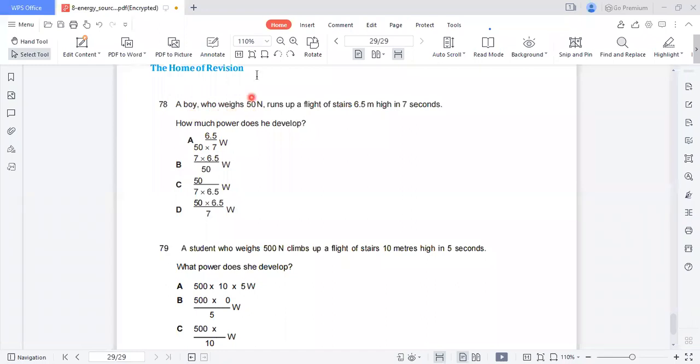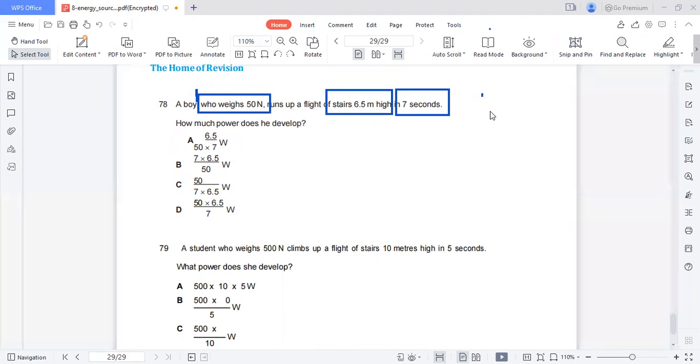A boy who weighs 50 newton runs up a flight of stairs 6.5 meter high, and time taken is 7 seconds. Weight, height, and time. So it's very simple.